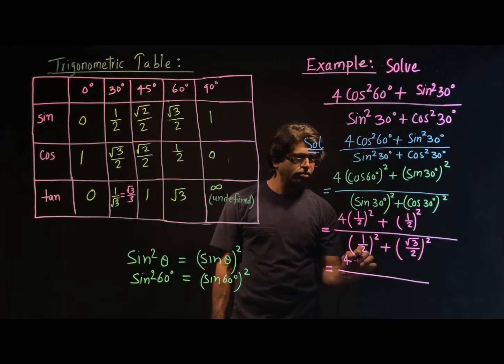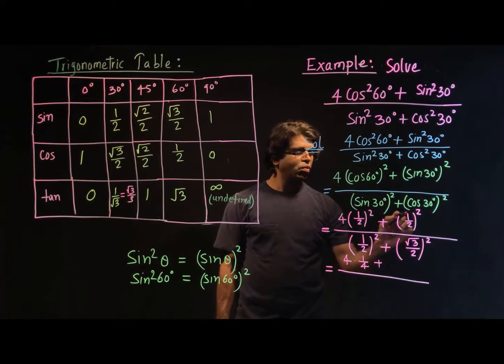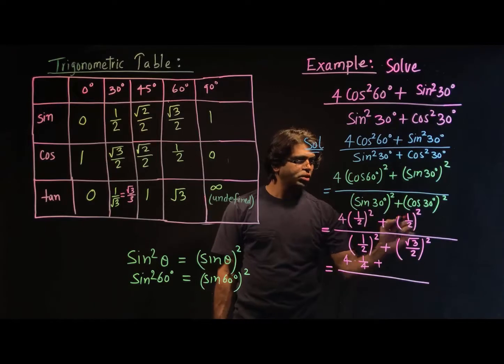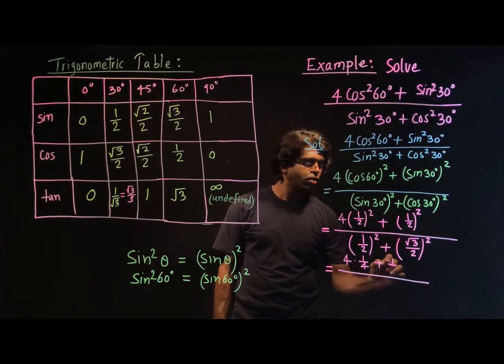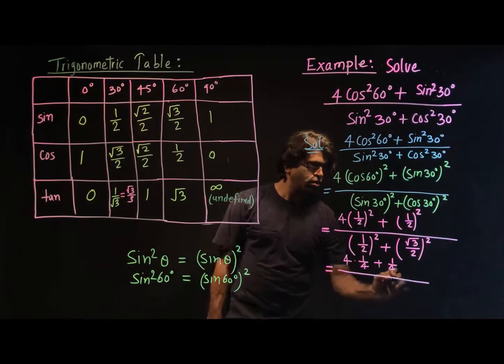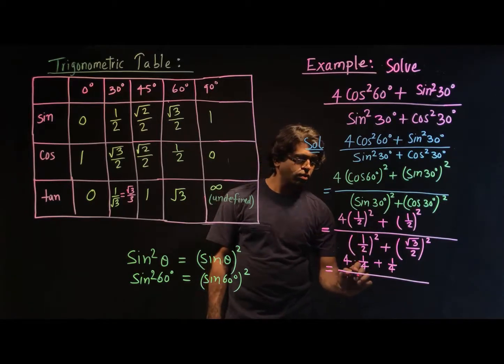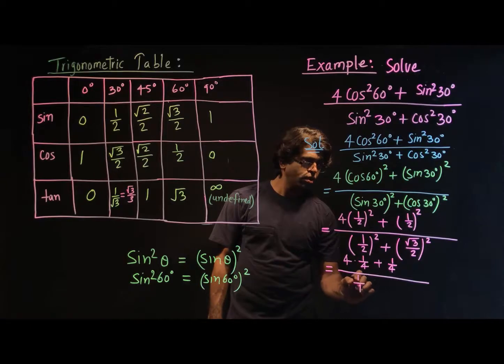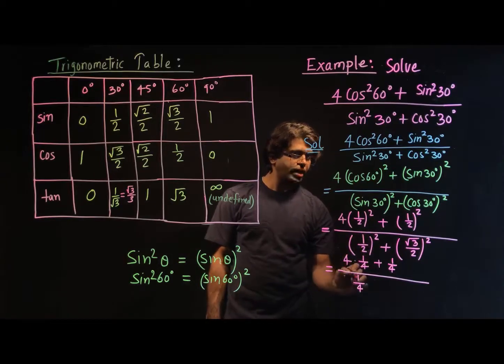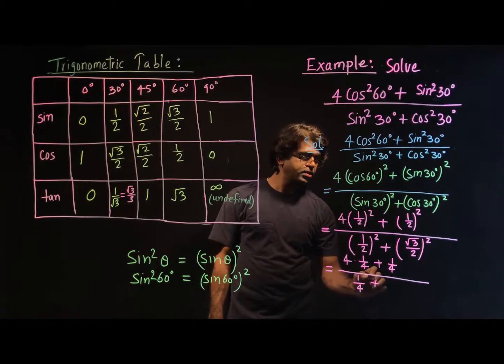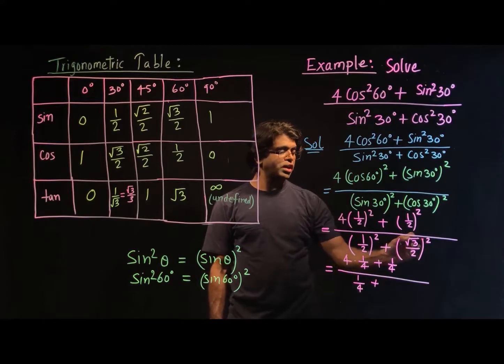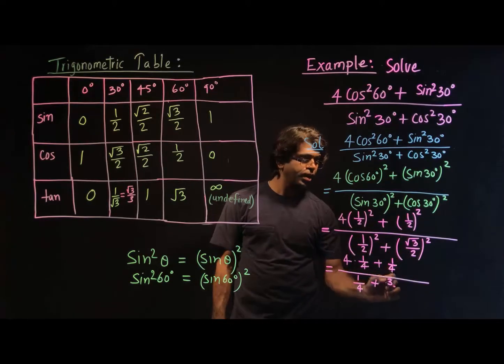So I have 4 times 1 over 4 plus 1 over 2 whole squared as 1 over 4, over 1 over 2 squared is 1 over 4, plus the square of root 3 is 3 and the square of 2 is 4.